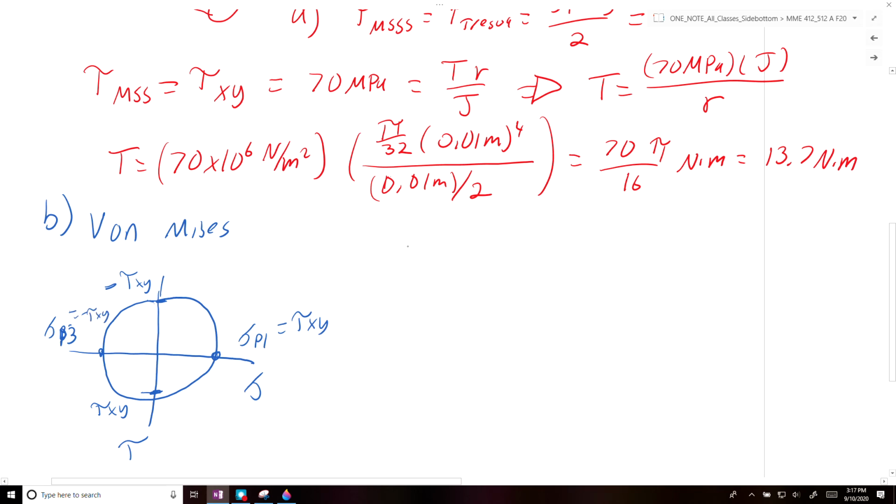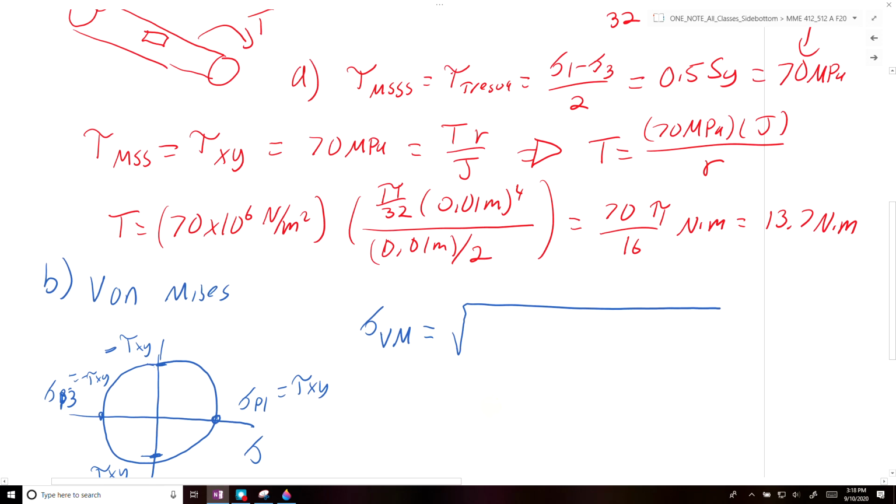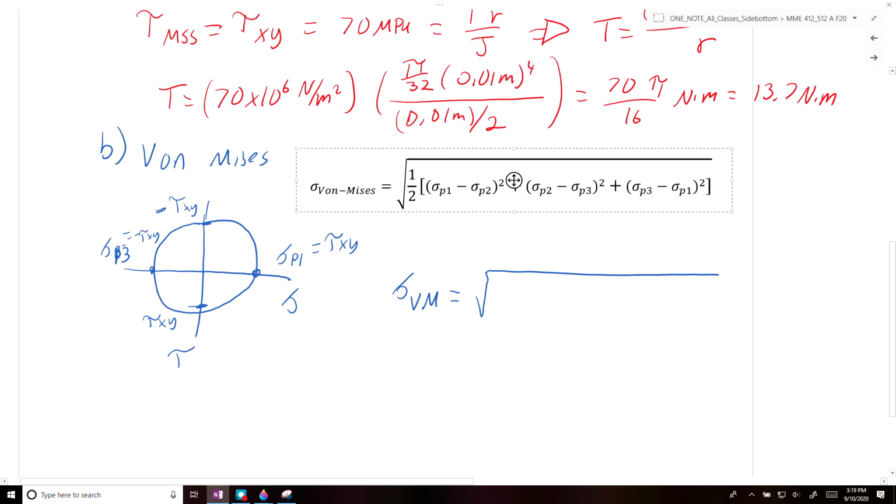So we can plug in to solve for our sigma von Mises. From earlier in the lecture, we had this equation for sigma von Mises, so we can plug in our sigma p1, our sigma p3, and our sigma p2 term, which is just equal to 0.